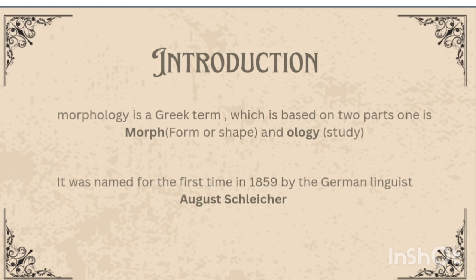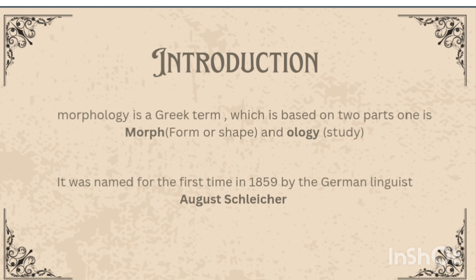Like we have the word morphology, so we have to see the meaning of the word, how this word came and how it is connected with the field. Morphology is a Greek term which contains two words. First is morph, second is logy.